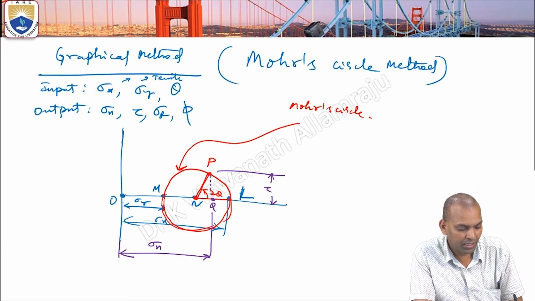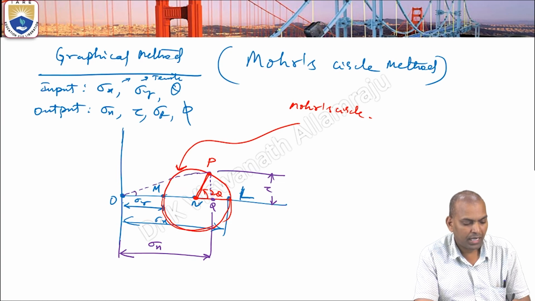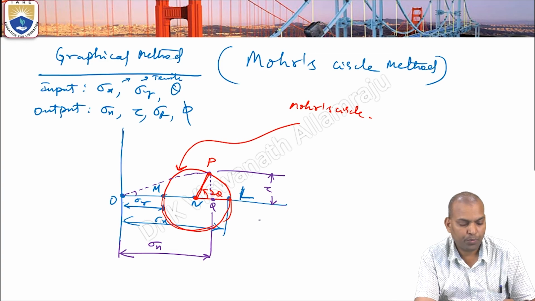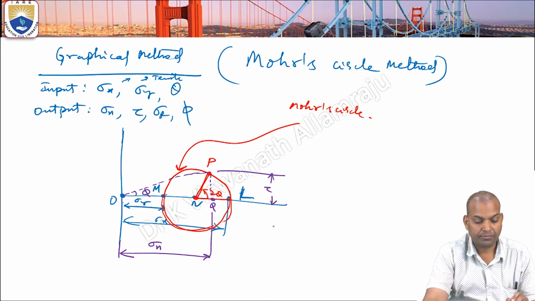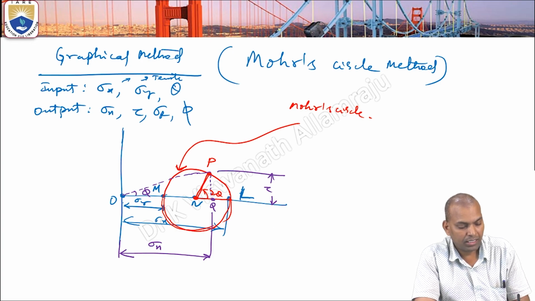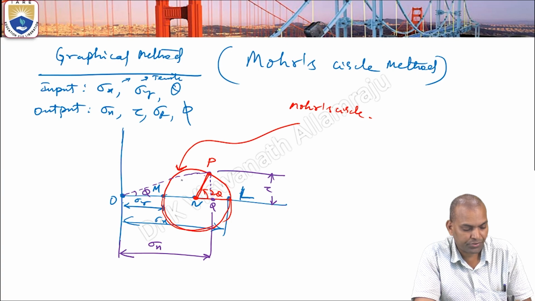Join the line O to P. The angle of inclination of OP with OL gives the angle of obliquity. The length of OP, the hypotenuse, gives sigma r.